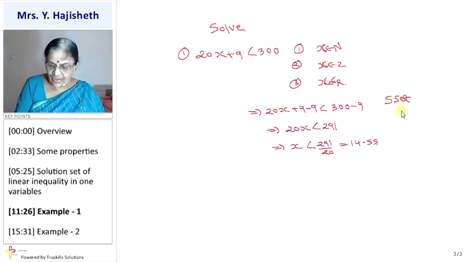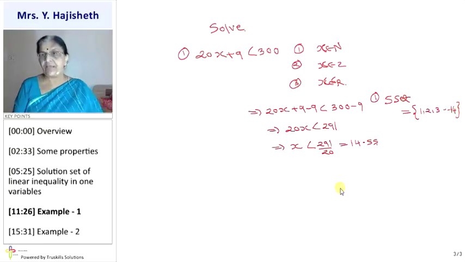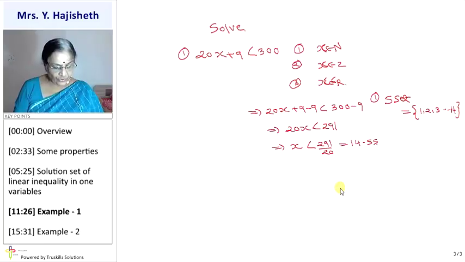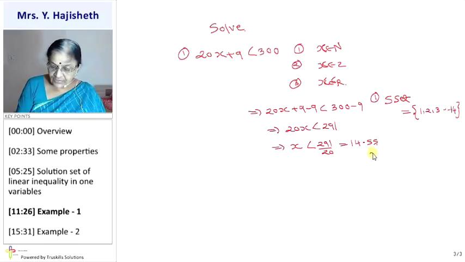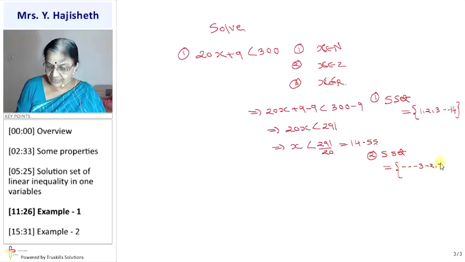If x belongs to N, the solution set is the set containing 1, 2, 3 up to 14, because it is less than 14.55. Suppose it belongs to Z, then my solution set is dash dash dash, minus 3, minus 2, minus 1, 0, 1, 2, 3 up to 14.